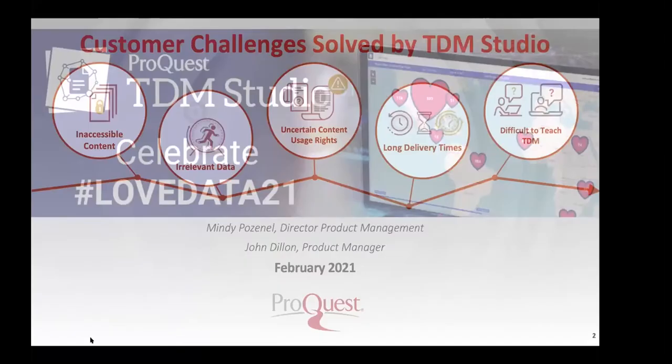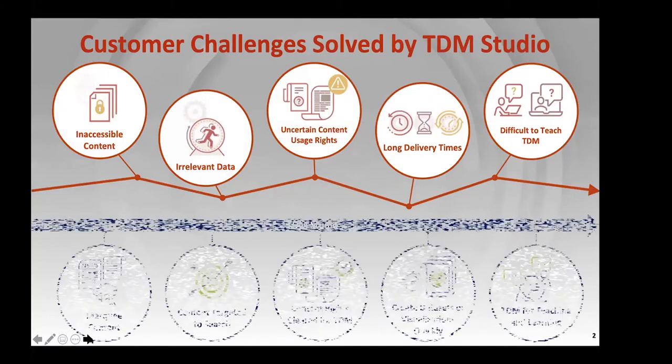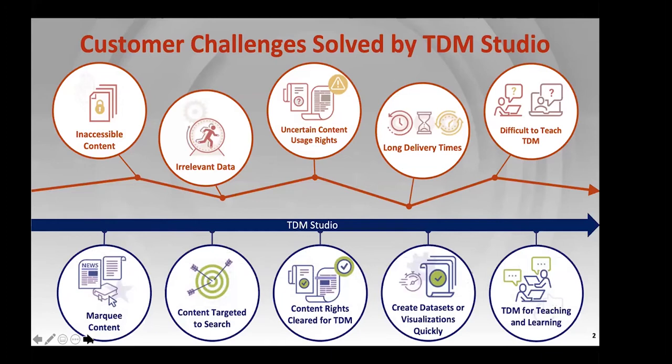So our goal really with TDM Studio is to solve lots of challenges around gaining access to these really large data sets. And when we say large, we normally talk in number of articles or number of documents, so millions of documents or thousands.